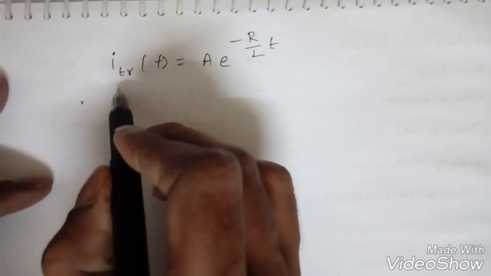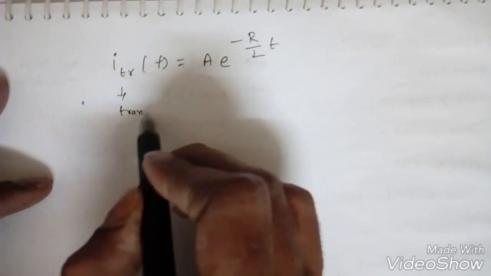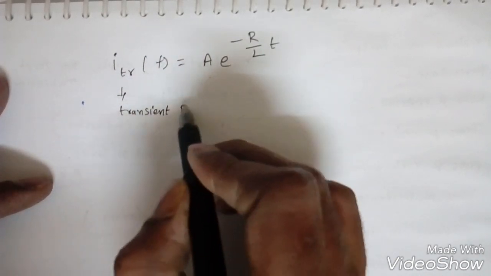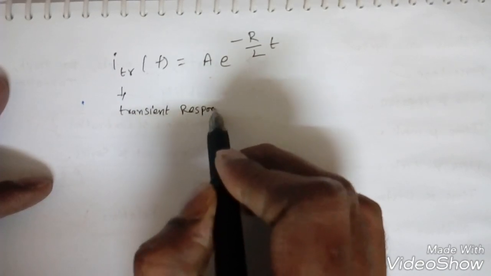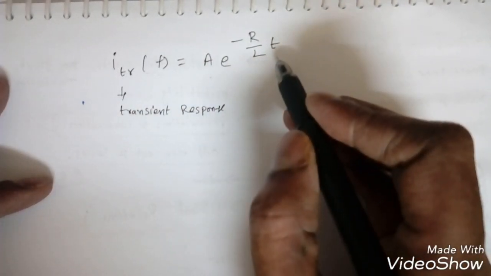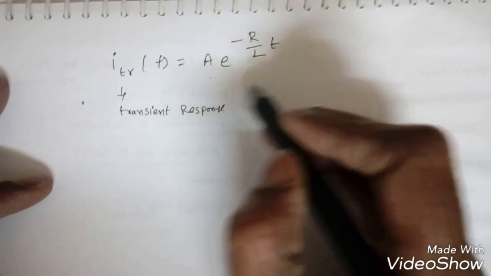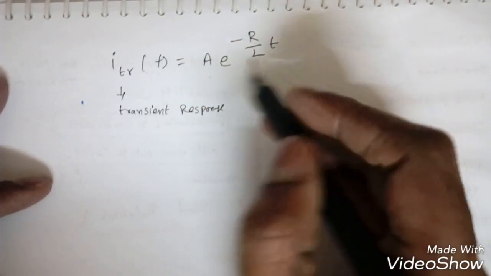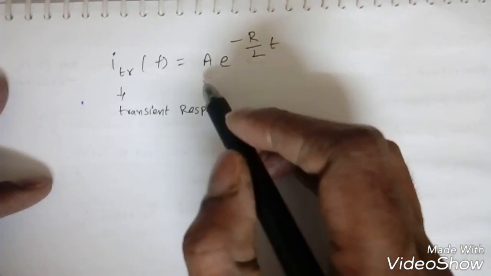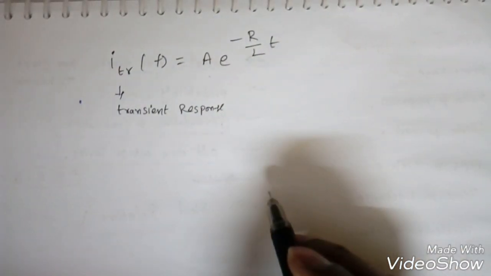This is the transient response. It is called the transient response because as t increases it slowly dies out, reducing to 0.